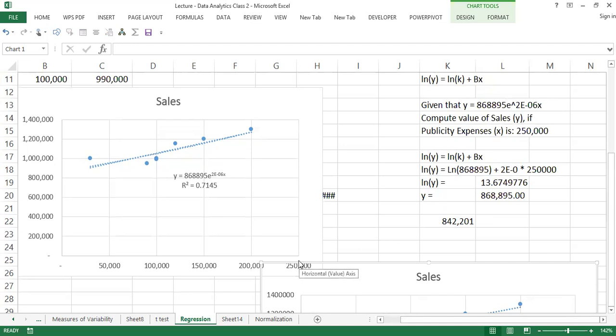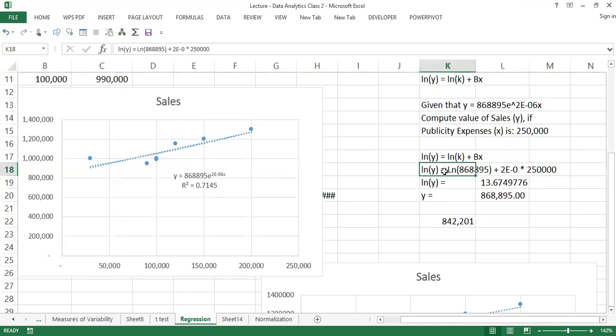With 250, it doesn't make sense, because if you trace it, it's saying it will be somewhere here, which just doesn't make sense. Oh, there's an error here. Look at minus 06, right?